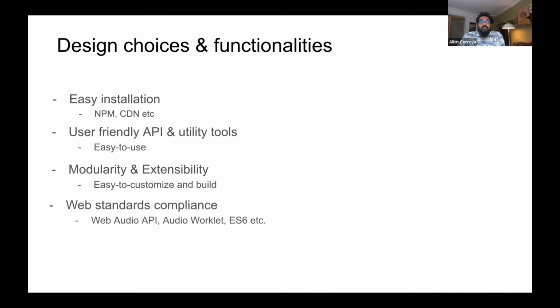We also want it to work with the existing web standards, right? With the Web Audio API, worklets, and we also rely on the web standards for decoding or reading audio, so we don't implement our own encoders or decoders. And we try to make it as lightweight as possible. That means we try to explore the third-party dependencies we have in our native library, like FFmpeg and so on, so it's as small as possible, and now it's approximately 2.7 megabytes.